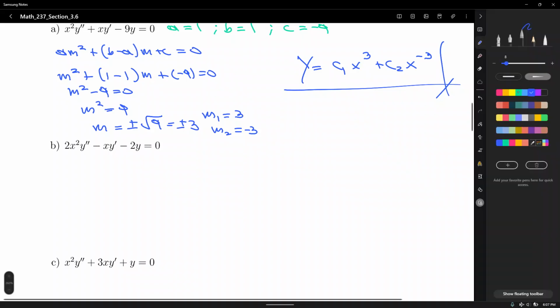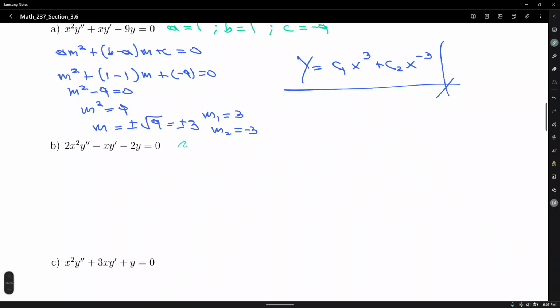All right. So, example letter B, 2x squared y double prime minus xy prime minus 2y. Here in this case, let's list a equals 1, b equals negative 1, and c equals negative 2. Okay, so again, let's write our generic equation, a m squared plus b minus a m plus c, and let that be equal to 0.